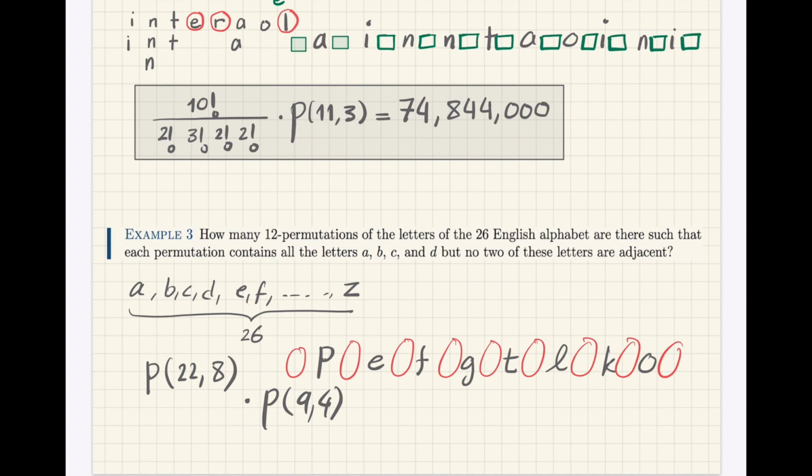And then let me calculate this, see what is the answer. So might be Carl was also correct. Let me check this one. Is it your answer, Carl? So 22 P 8 times 9 P 4. Oops, I made a mistake. Let me see. 22 P8, 9 P4.